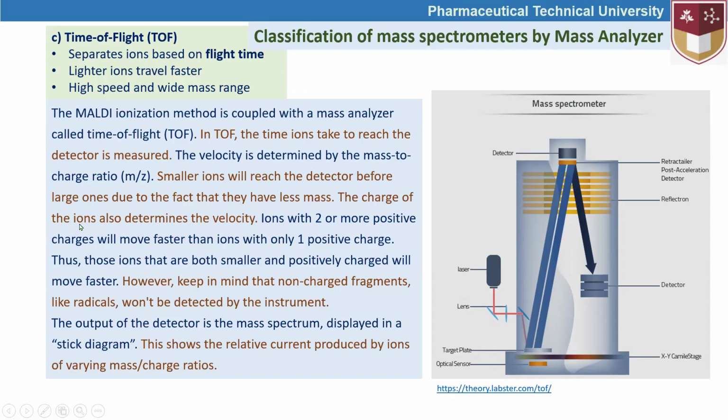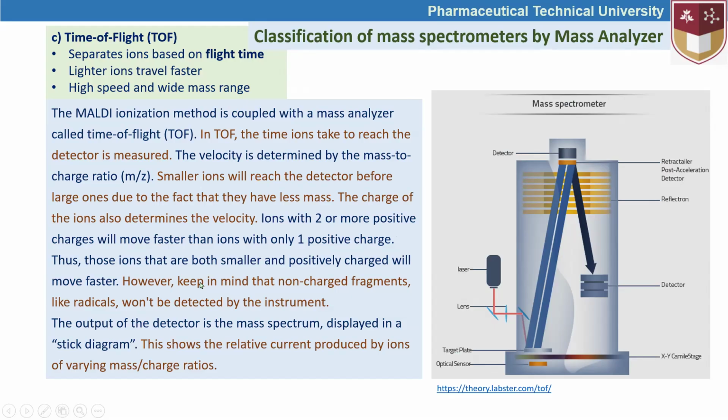The charge of the ions also determines the velocity as well. Ions with two or more positive charges will move faster than ions with only one positive charge. Let's say a charged molecule with a mass 154 plus 3 can reach the detector faster than the molecule with a mass 154, but the charge is lower, let's say plus 1.